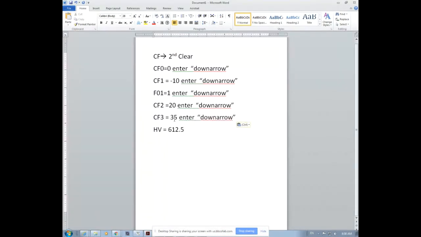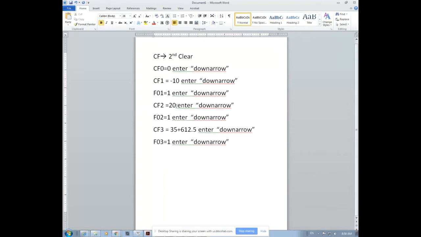Okay, so in the last one, however, you're going to have this one plus 612.5. Enter, downward arrow. Okay, so then again, F02, F03.